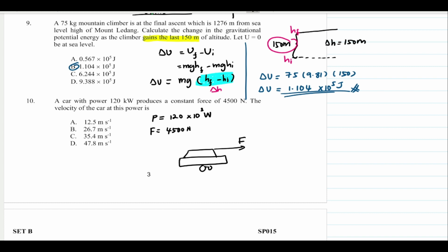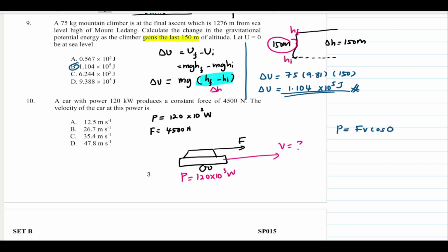Okay, and then dia mestilah bergerak ke depan lah. Okay, V dia. Ini yang soalan suruh kira. The velocity of the car at this power berapa? Kalau power of the car produce 120 times 10 power of 3 watt. So berapa V? So kita hanya guna sahaja formula power is equal to FV cos theta, cos 0.